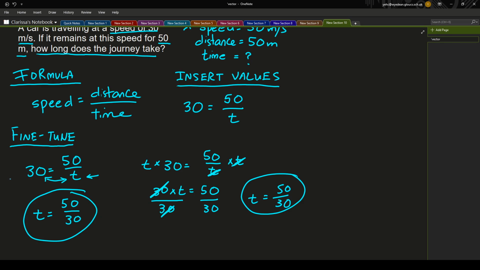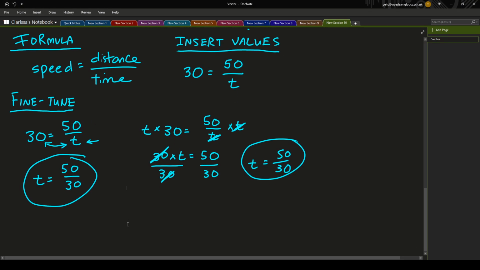That's a key thing to remember, regardless of what method you use. Then I just stick in my calculator 50 over 30 to find a value for t. 50 divided by 30 is 1.6 recurring, but I'll round it to one decimal place, 1.7.